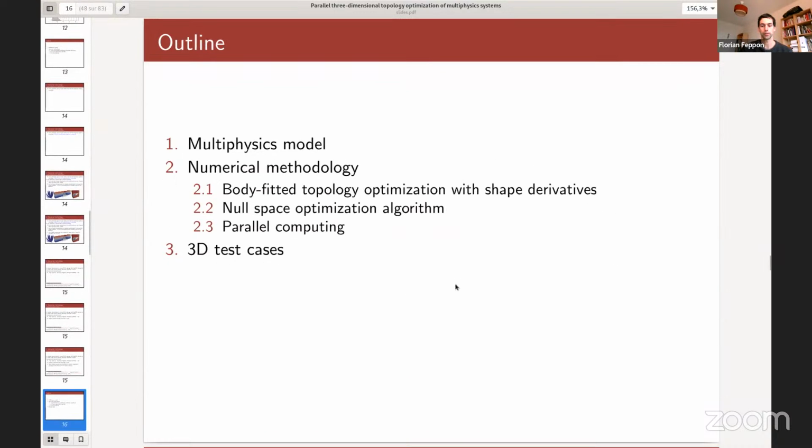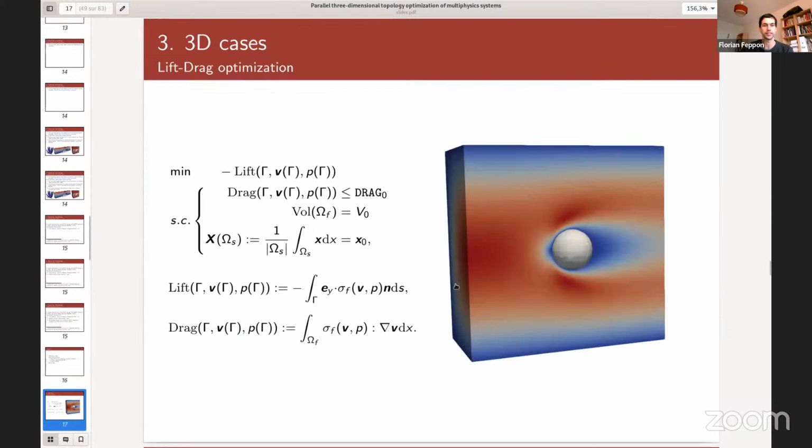All right, so with these three ingredients at hand, we are able to solve a variety of test cases. The first example is a test case where only fluid is involved, the classical but not so often treated with topology optimization tools lift-drag problem of a flying obstacle.